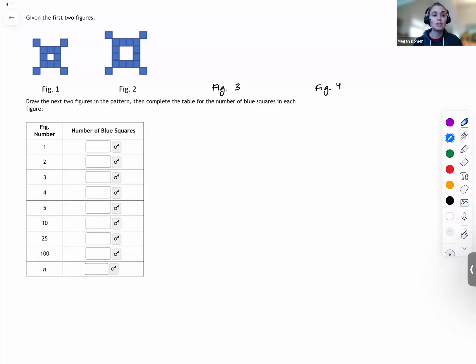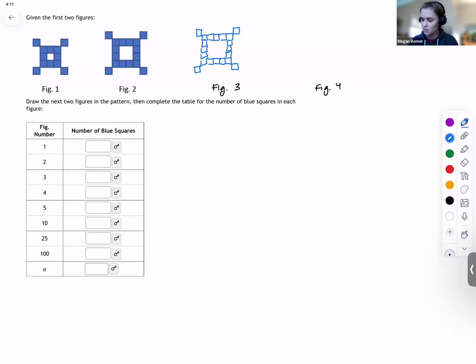You could also count how many squares are on each side. The first one you see 3 squares across and then 4 squares across. So this next one is going to have 5 squares across and then down. And then it's still going to have the squares on the corners, and it's got a 3 by 3 blank space in the middle.